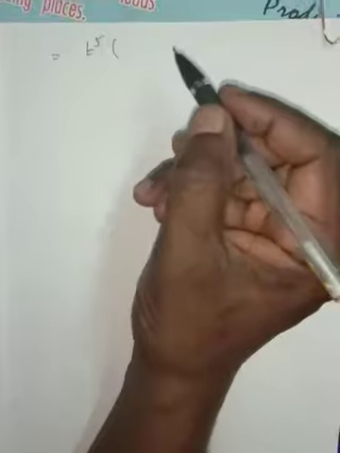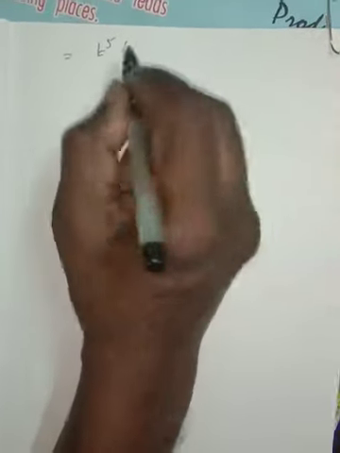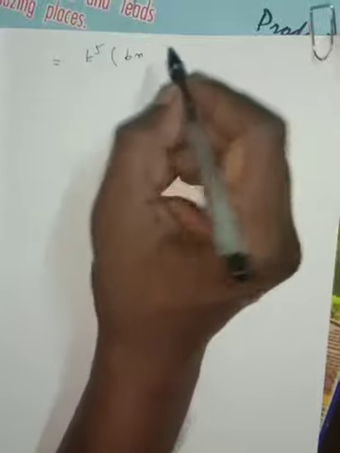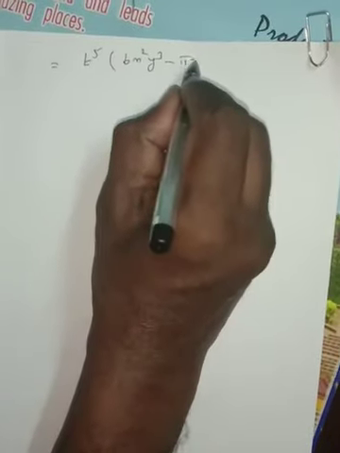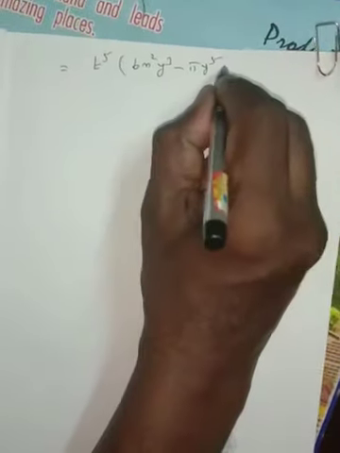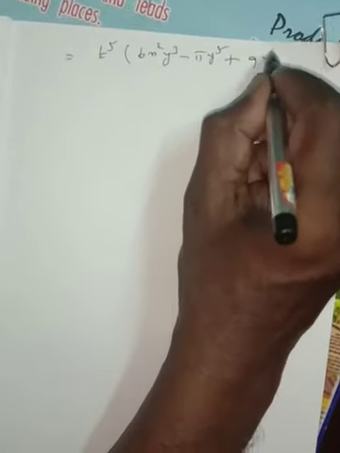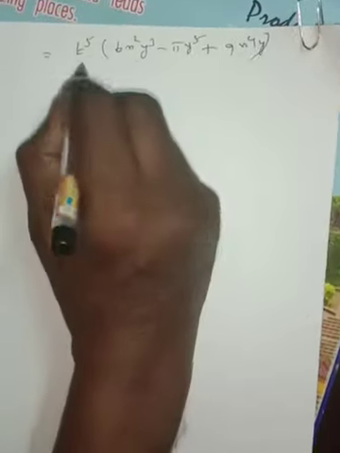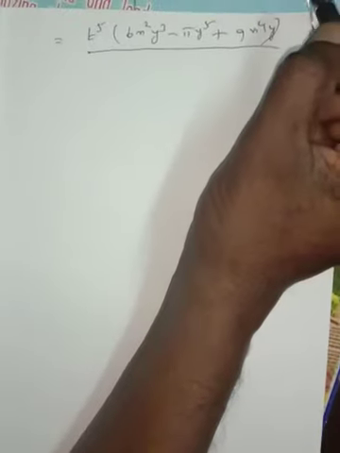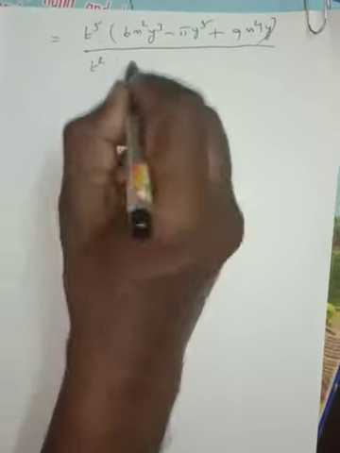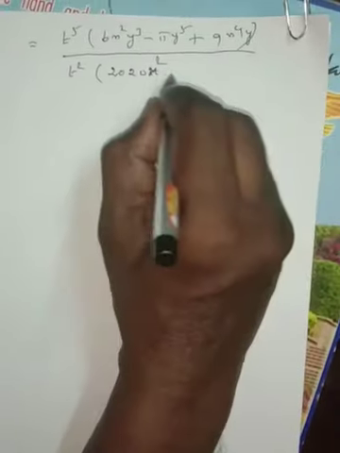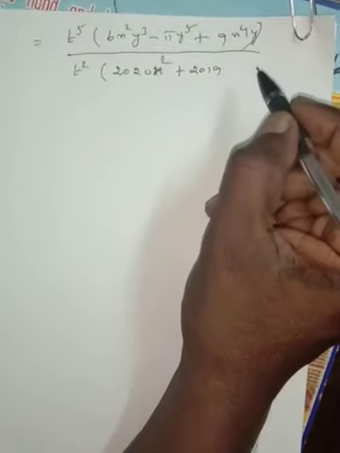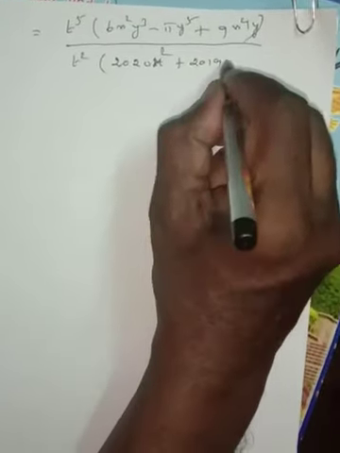T to the power of 5 is common in the numerator, 6 x square y power 3 minus 5 y to the power of 5 plus 9 x to the power of 4 y, whole divided by t square common, 2020 x square plus 2019 y square.